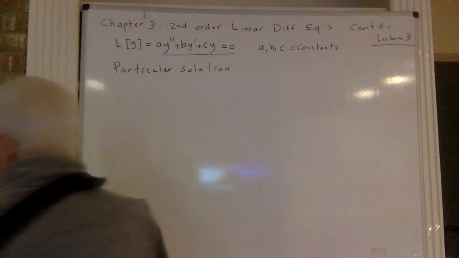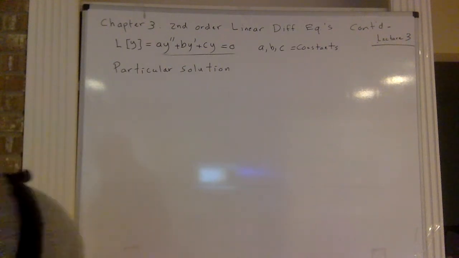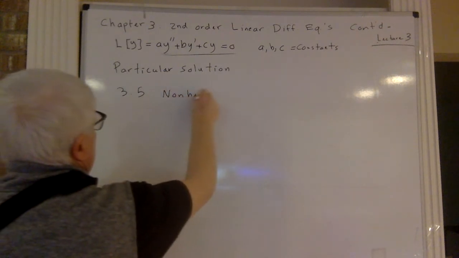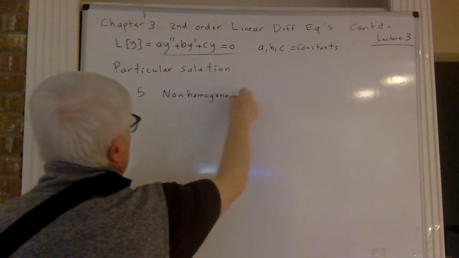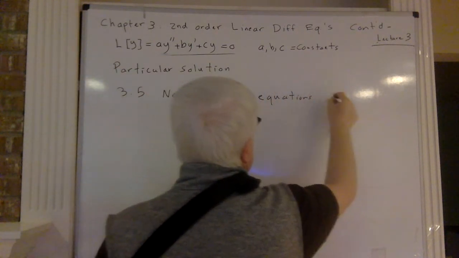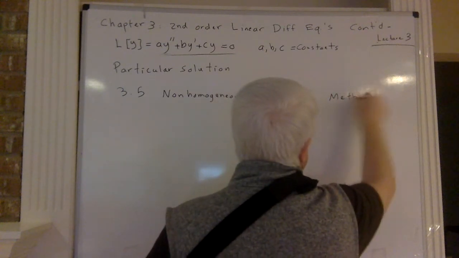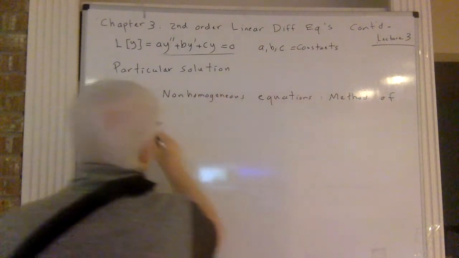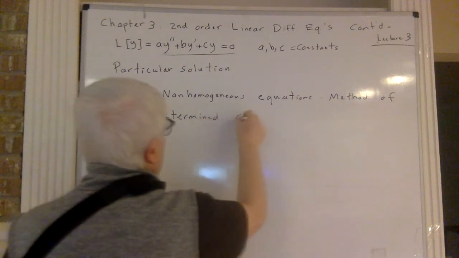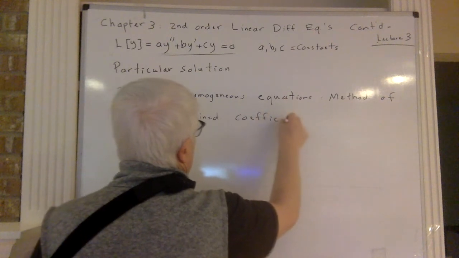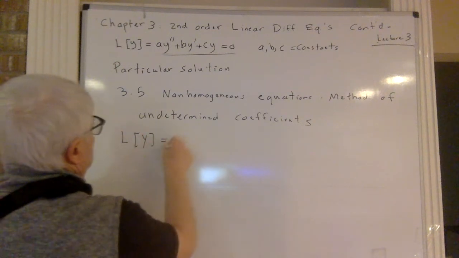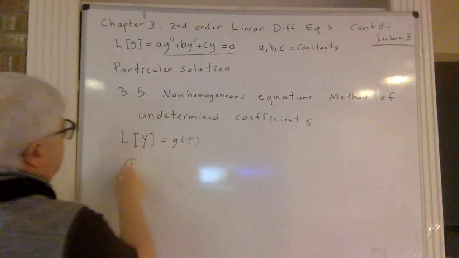So this is in fact section 3.5, non-homogeneous equations, method of undetermined coefficients. Here I have Ly equals g(t). I will discuss three types.